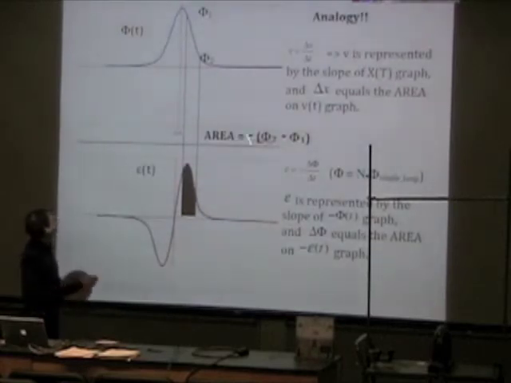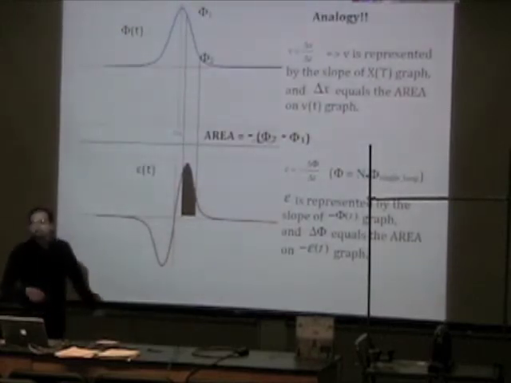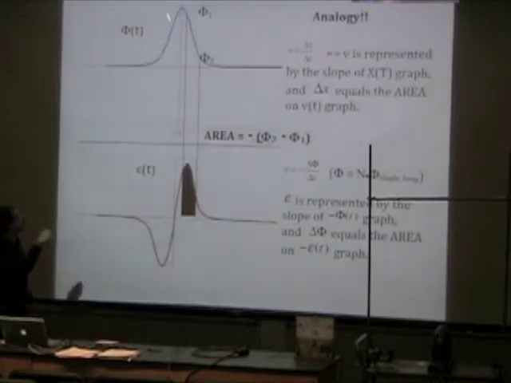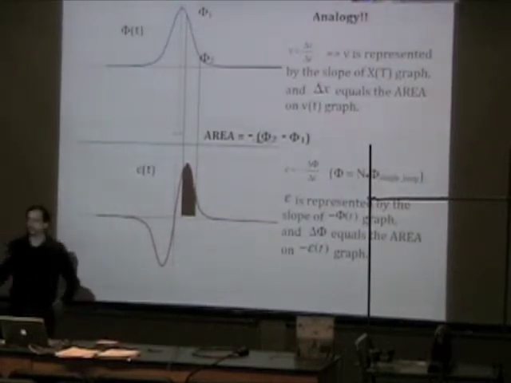Well, we know that for the graph of the flux, the slope times -1 represents the actual instantaneous value of EMF. However, we know that graphs in physics are related both ways.